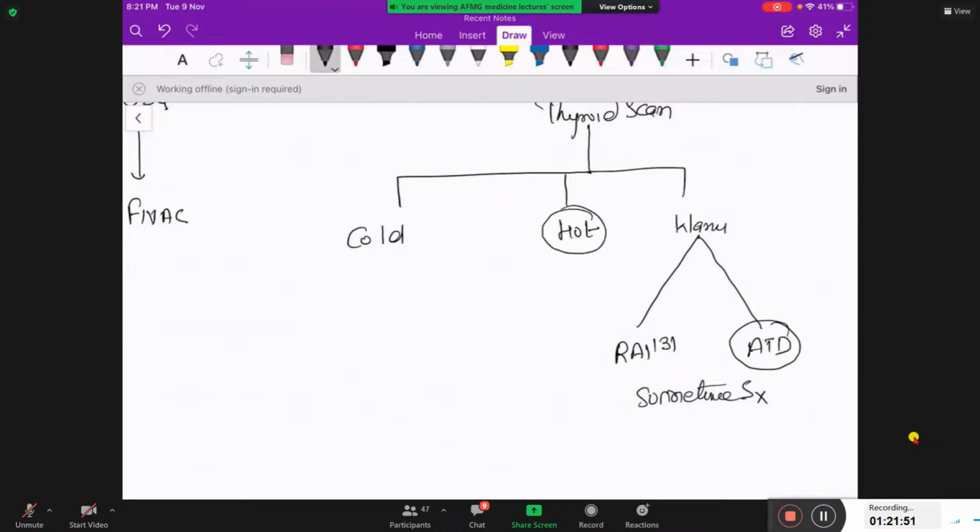In hot nodule, we have radioactive iodine 131 and we have surgery. Most of the time we offer surgery.